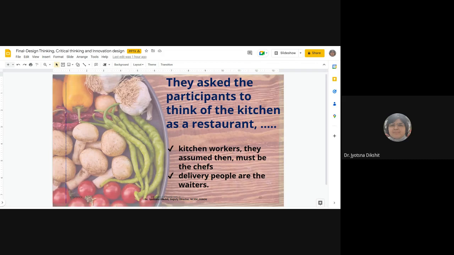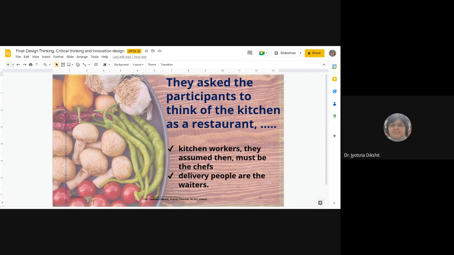So they asked the participants to think of the kitchen as a restaurant. They gave an impetus, a kind of creative thought, that just changes the thought of a kitchen into a restaurant, and now try to look at the kitchen as a restaurant.